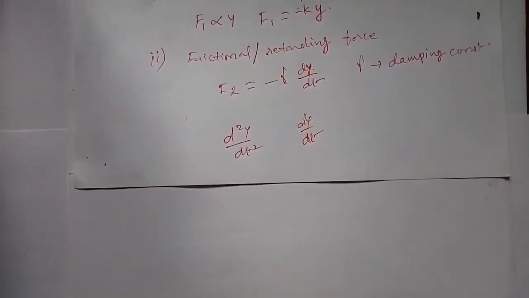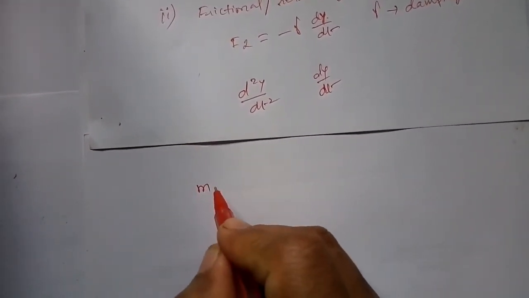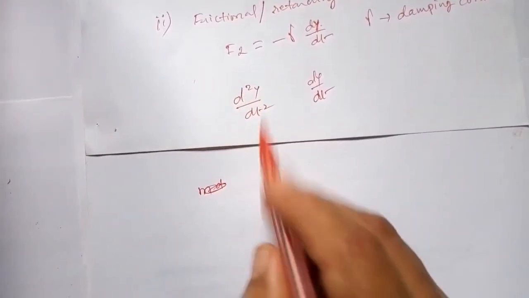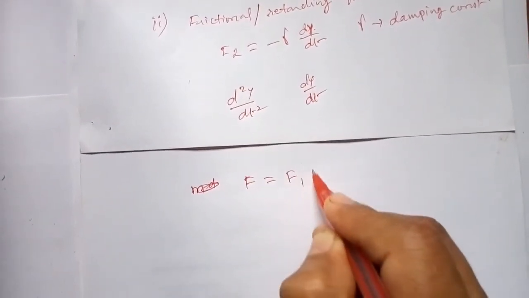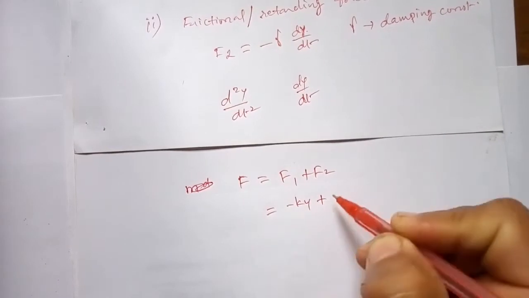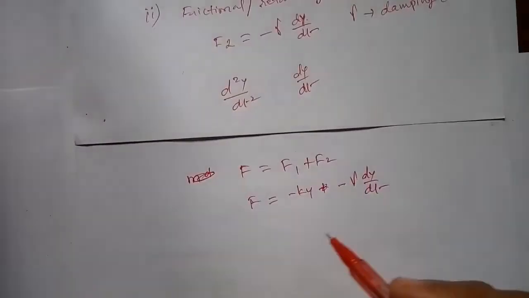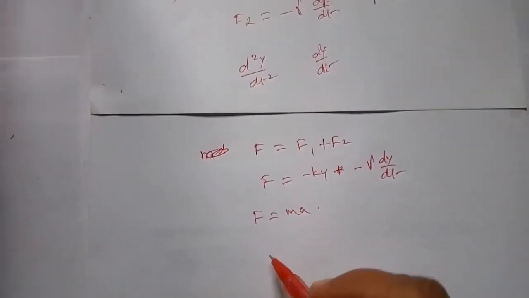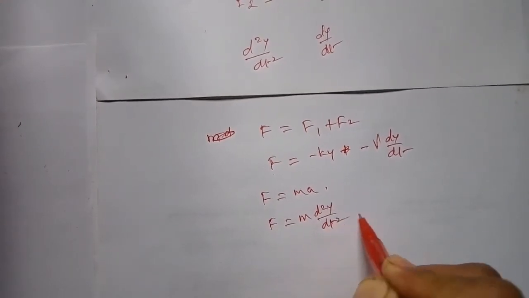Then the equation of motion of the particle can be obtained. For clarity, the total force acting on the body, F, is equal to F1 plus F2, that is equal to minus Ky minus gamma dy by dt. According to Newton's law, F is equal to ma, where a is acceleration, so F is equal to m into d square y by dt square.